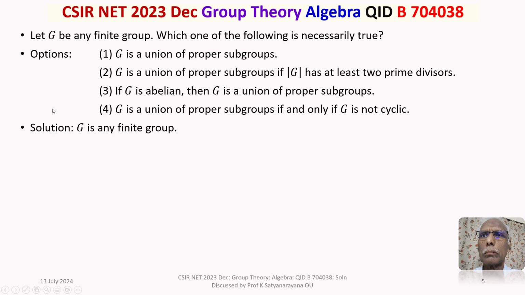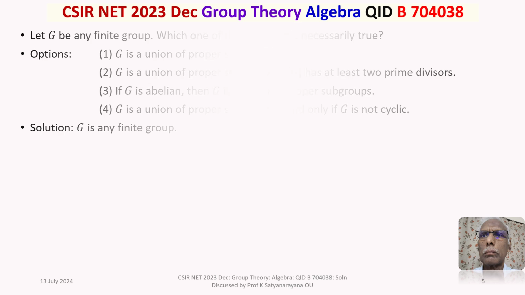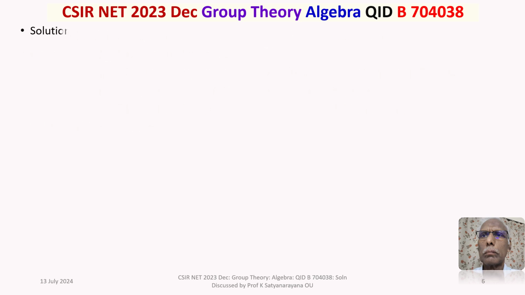Let us discuss the solution of the problem in detail. We have G is any finite group. Let us discuss the statements given in the options one after the other. We first take option 1.